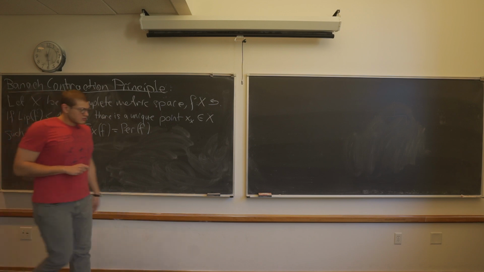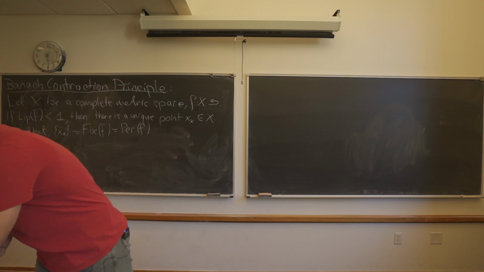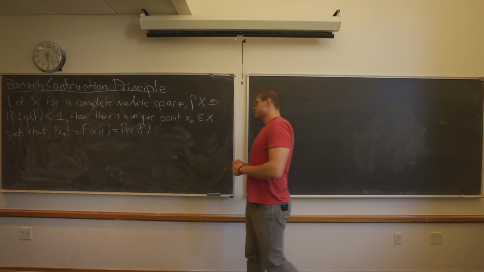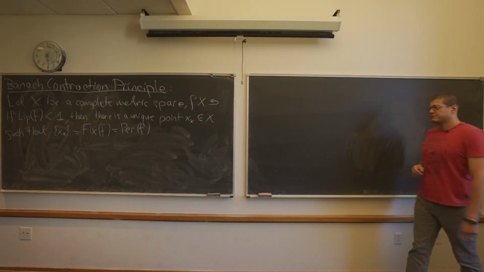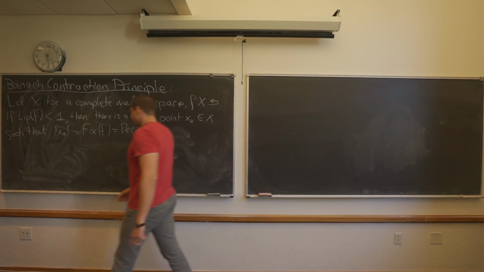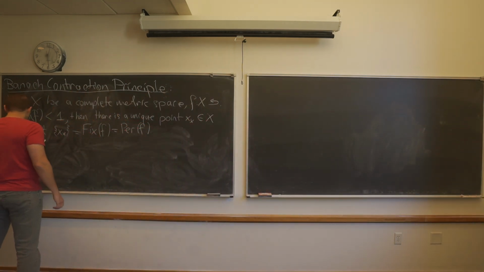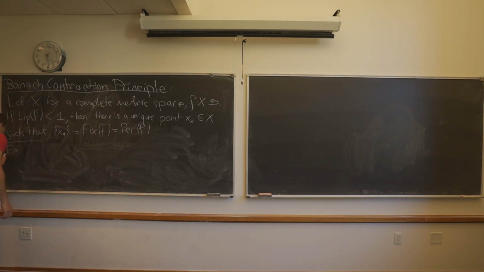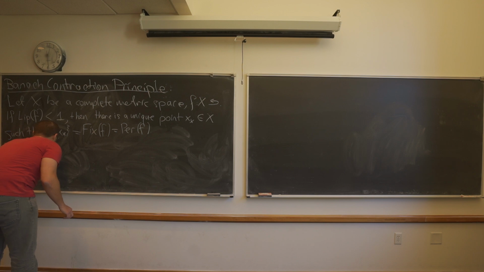Now, let's think about this. So for instance, if you were to have on the interval the doubling map, F of x equals 2x mod 1, clearly this is not a contraction.